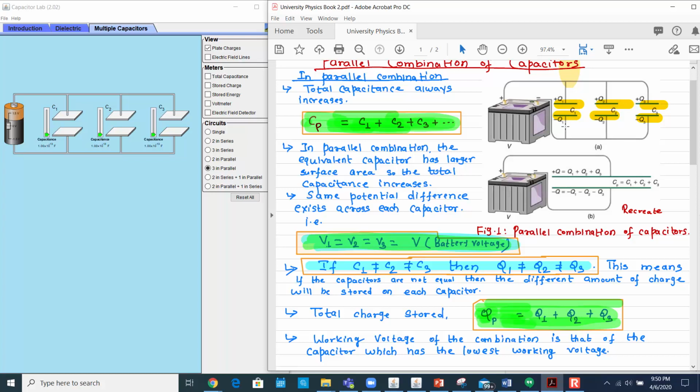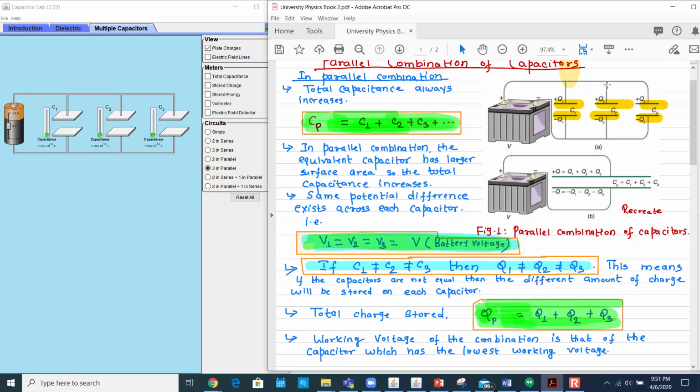So let's say this one has a working voltage of 300 volt, this one has 100 volt, and this one has 200 volt. Then the working voltage of the system will still be 100 volt. If we apply more than 100 volt, then this capacitor will blow away. That's the reason we say that the working voltage of the combination is that of the capacitor which has the lowest working voltage.